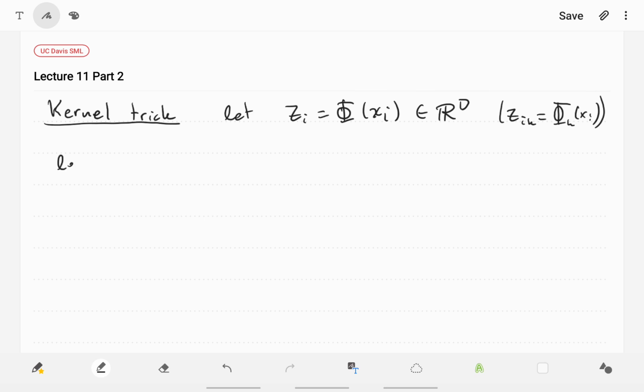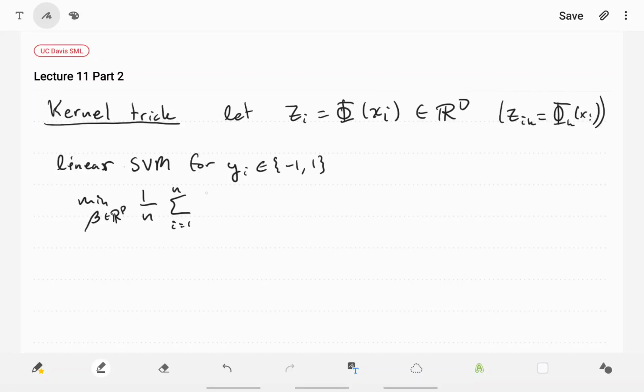So for example, let's consider linear SVMs, support vector machines. If we recall, this is for our yi, which is in -1 or 1. We're trying to minimize with respect to selection of beta, which is in RD, and we're going to imagine that we've either included an intercept term in the high-dimensional embedding, or we don't care about having an intercept term.